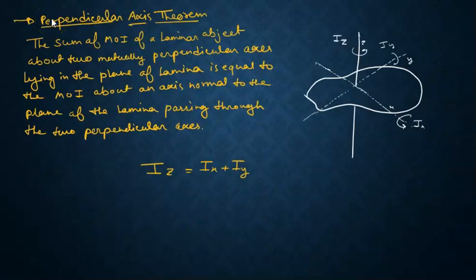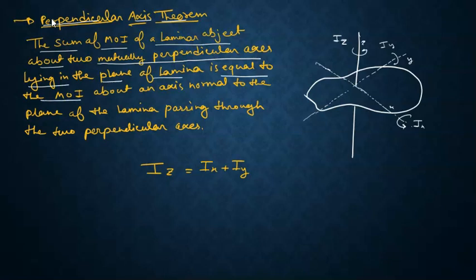Now, the next is the perpendicular axis theorem. This theorem says that the sum of the moments of inertia of a laminar object about two mutually perpendicular axes lying in the plane of the lamina is equal to the moment of inertia about an axis normal to the plane of the lamina passing through the point of intersection of the two perpendicular axes.